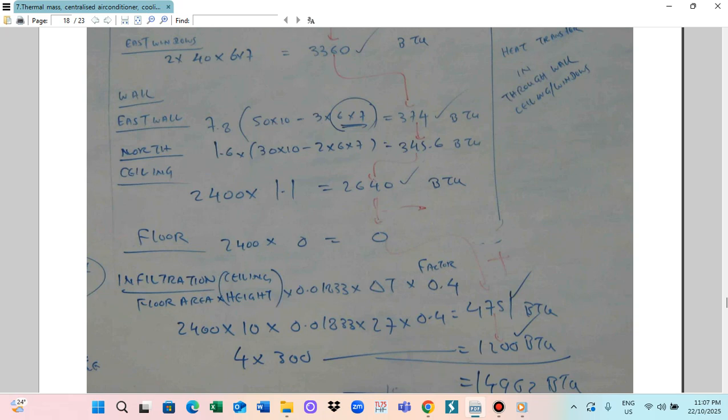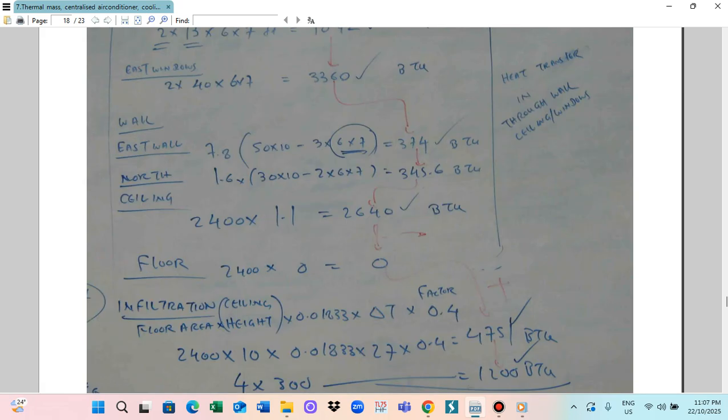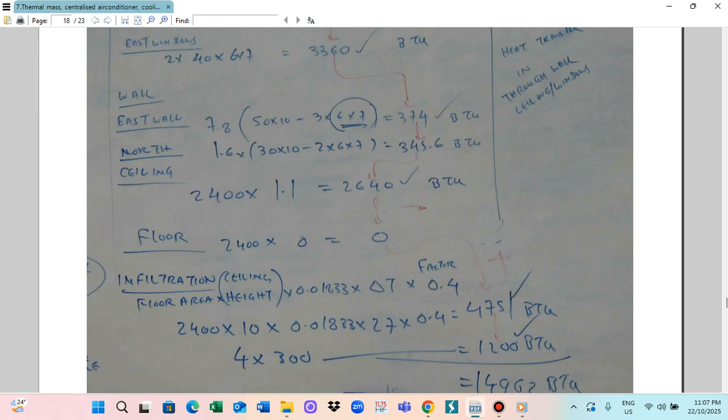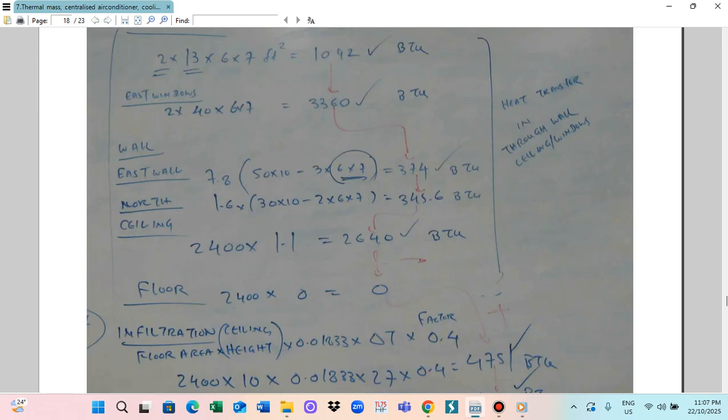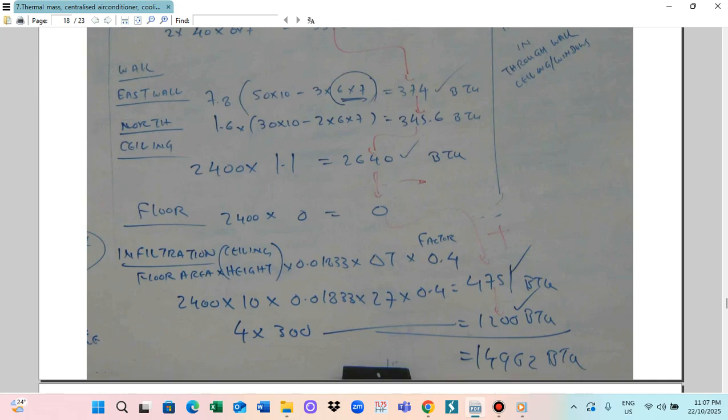So this is the heat transfer through the window, ceiling and floor. Okay, this is the heat transfer through the wall, ceiling and window, we calculate like this.